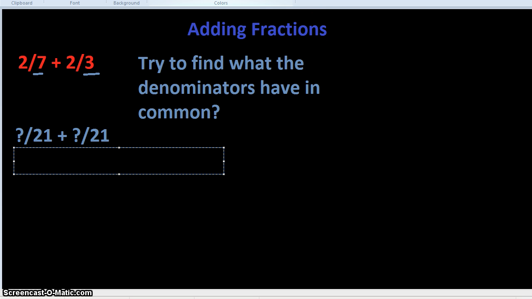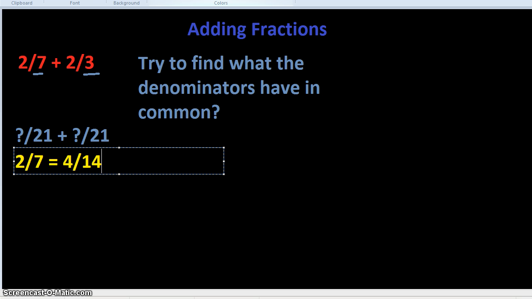So we have 2 over 7. Now, would you agree with me that 2 over 7 equals 4 over 14? Because what I've simply done is I've multiplied the top side and the bottom side by 2. And when you multiply the top and the bottom side by the same number, the fraction stays the same.